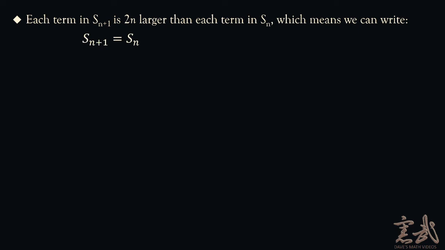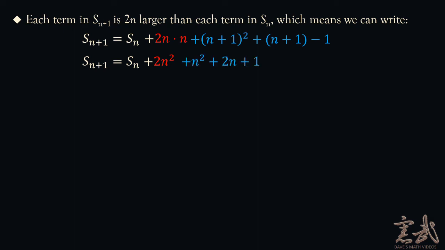S sub n plus 1 is equal to s sub n plus 2n times n plus the final term of s sub n plus 1, which is shown in blue and is equal to n plus 1 quantity squared plus n plus 1 minus 1. We can simplify this a little bit and we get s sub n plus 1 is equal to s sub n plus 2n squared plus n squared plus 2n plus 1 plus n plus 1 minus 1.